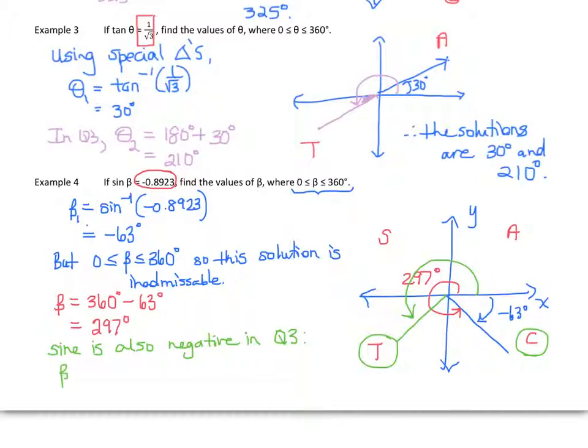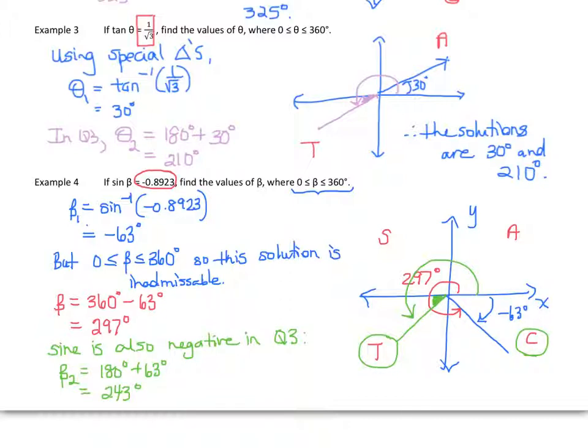So a second solution here, I guess technically a third solution, but the second solution that we're going to be able to use in this question will be found by adding 63 degrees to 180 degrees. So our second solution will be 243 degrees, because this angle in quadrant 3 has a reference angle of 63 degrees, because these are related angles.